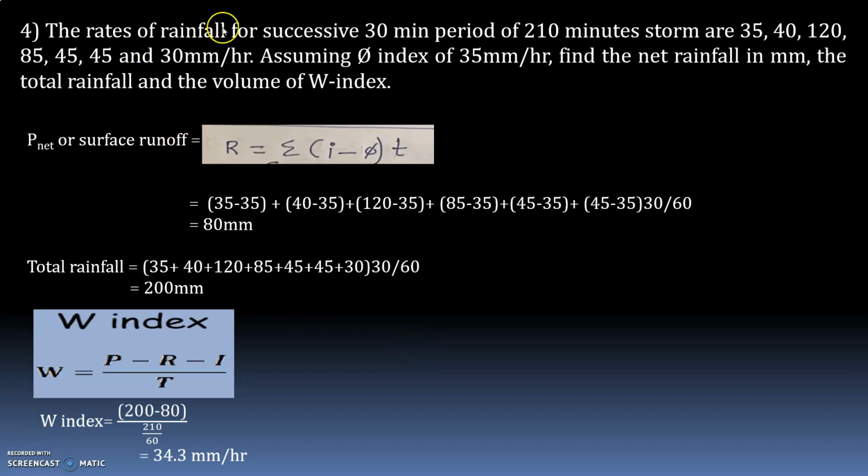The rates of rainfall for successive 30-minute periods of a 210-minute storm are 35, 40, 120, 85, 45, 45 and 30 mm per hour. Assuming phi index of 35 mm per hour, find the net rainfall in mm, the total rainfall and the value of W index.